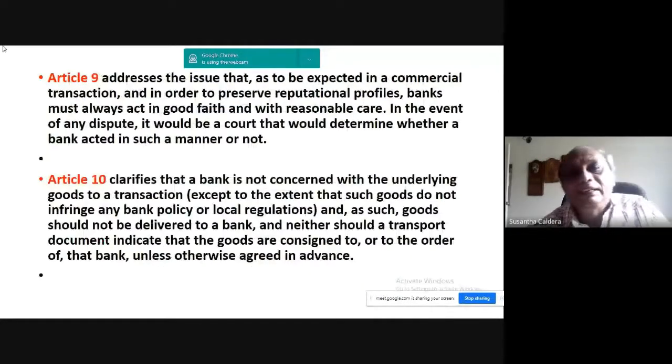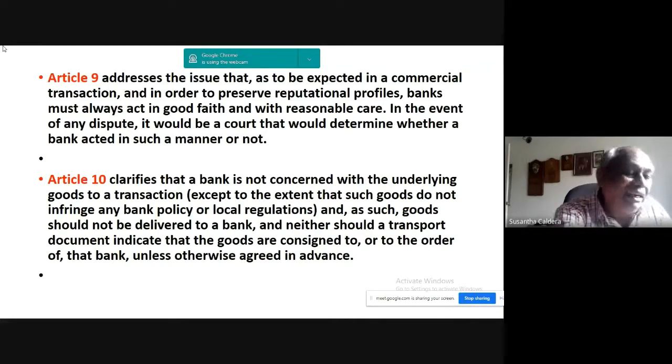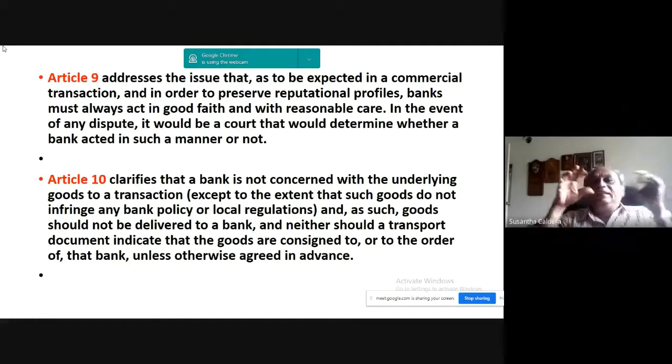Article 9 is good faith and reasonable care. Only one line: banks will act in good faith and exercise reasonable care. Normally Article 9 addresses the issue that has to be expected in a commercial transaction. Any bank, whether it's trade or whatever, should act in good faith without any negligence, right?